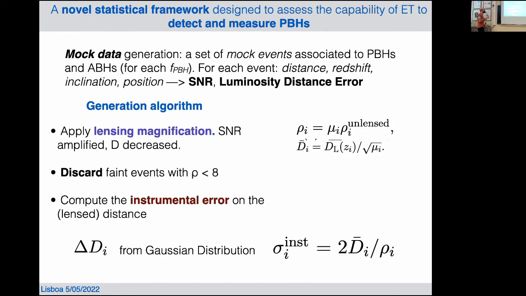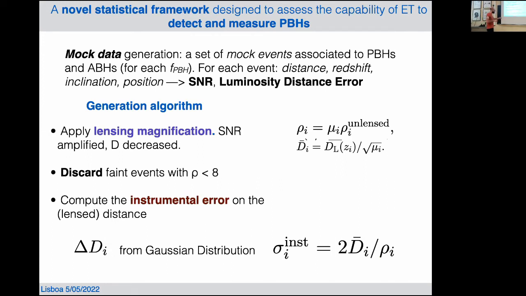We can also take into account the effect of lensing, which provides an additional uncertainty. But the most important ingredient is the instrumental error on the distance, which is typically taken as inversely proportional to the signal-to-noise ratio. So louder events will be detected with smaller error on the luminosity distance, as is quite intuitive.